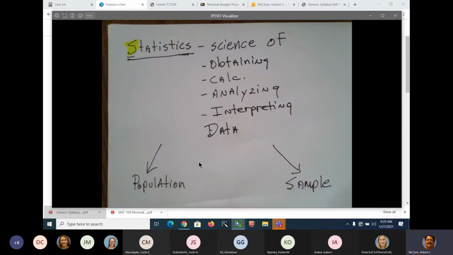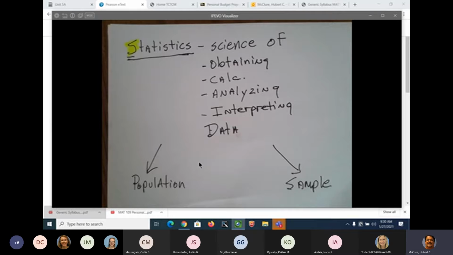The sample is always smaller than the population. If I want to predict for Tri-County Tech students, I might pull a sample at the Anderson campus and survey all the students at the Anderson campus. So that would be the sample. It's always the smaller of the two.